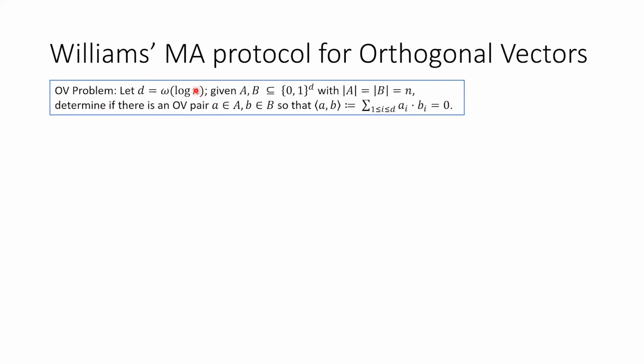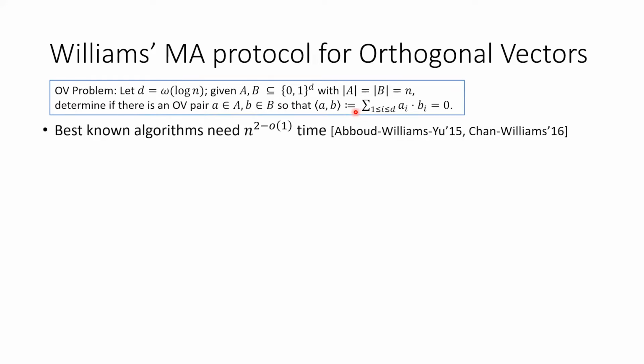Here we are given two lists of 0,1 vectors, and we want to decide if there is a pair of orthogonal vectors. The best known algorithms for this OV problem need roughly quadratic time, and this is conjectured to be near optimal.